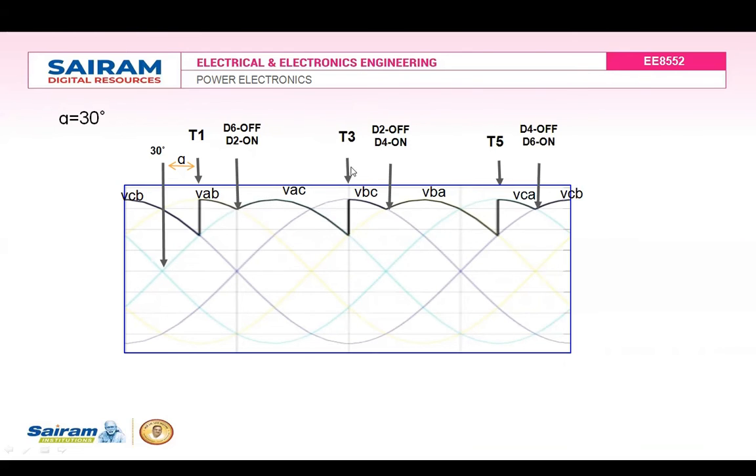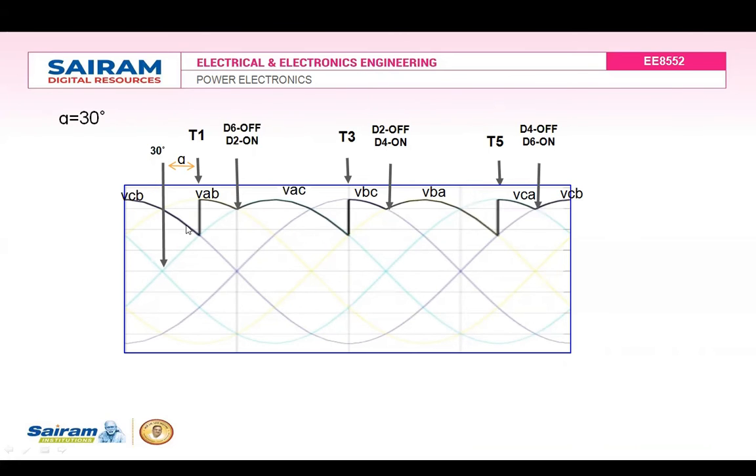When T3 is triggered, the load voltage follows VBC. Later on, when D2 is turned off, the T3 and D4 combination will conduct, so it will follow VBA. When T5 is triggered, T5 will conduct along with D4, during which the load voltage follows VCA. Then at this point, when D4 is turned off, D6 will conduct. So the T5 and D6 combination will conduct, during which the voltage is equal to VCB.